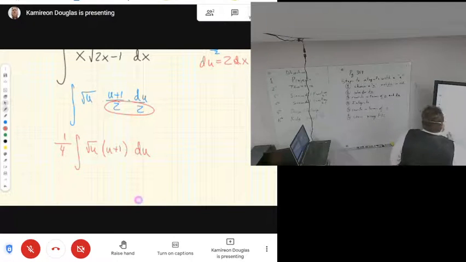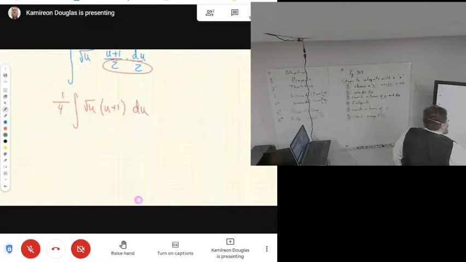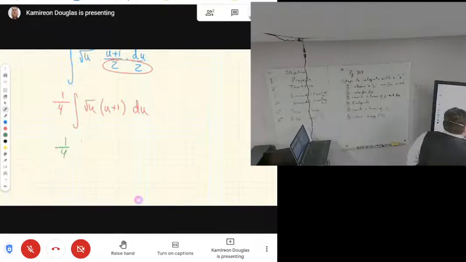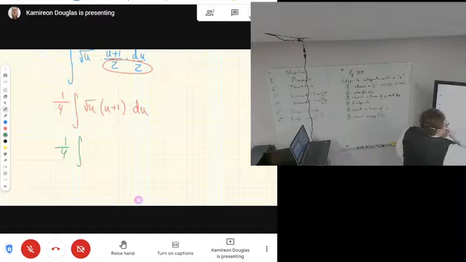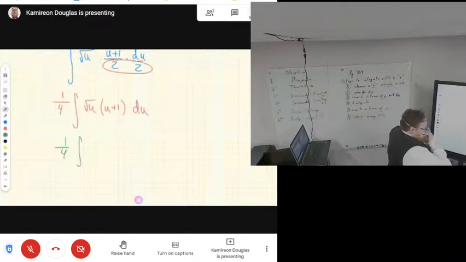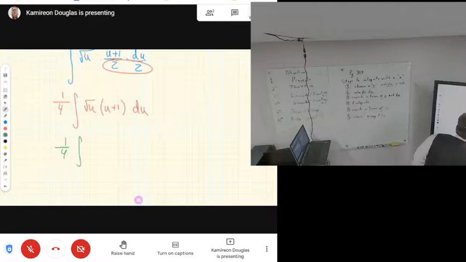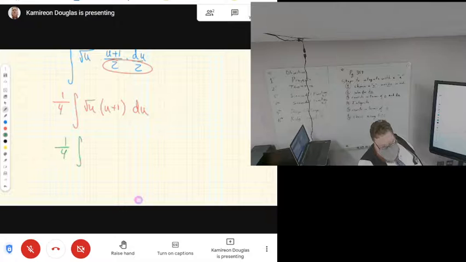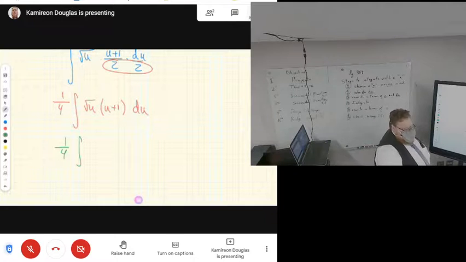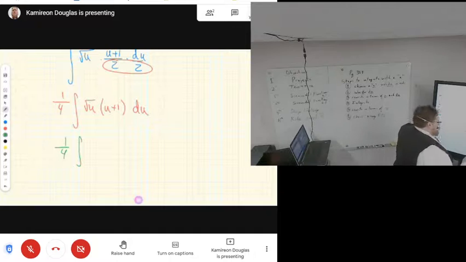So this becomes the integral, the 1/4 out front, of the square root of u times u is what? So, u squared. Yes, put that in a better form. u squared u is correct. There's a way to simplify that algebraically with power rules. u to the 3/2.